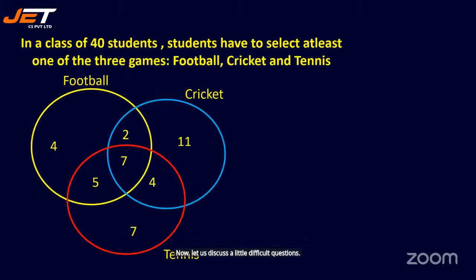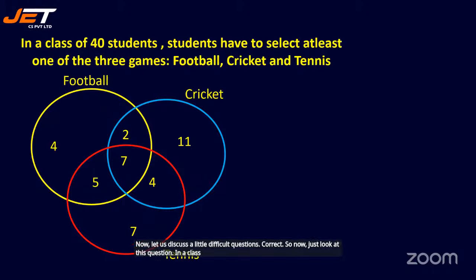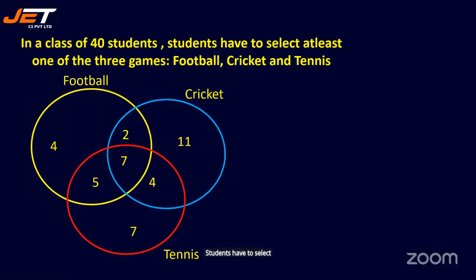Right. So now just look at this question. In a class of 40 students, students have to select at least one of the three games: football, cricket, and tennis.